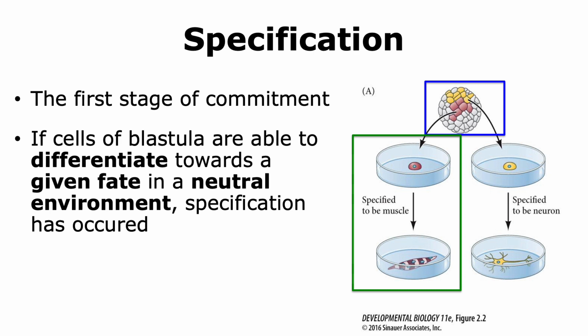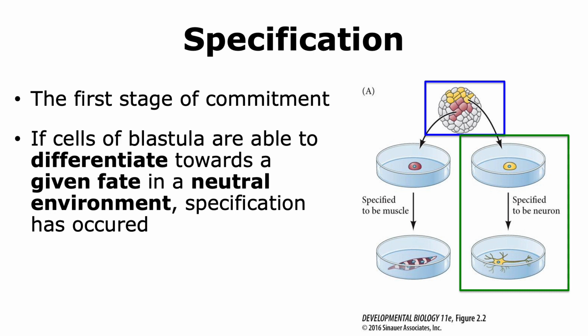If that cell becomes a muscle cell, then we say that that cell has undergone specification. Another example of that is, instead of using a cell that we know becomes a muscle cell, what if we took a cell from a blastula and when we culture it in a neutral environment, it becomes a neuron?